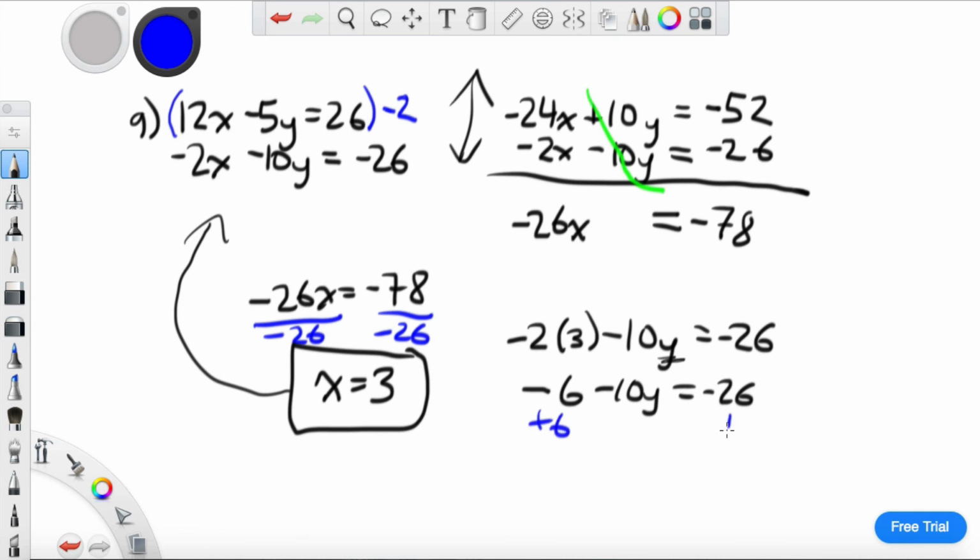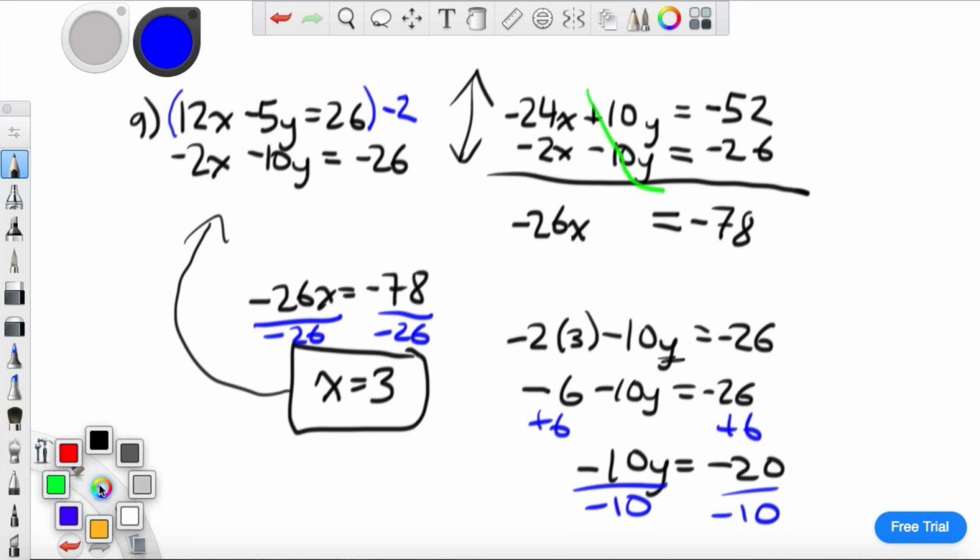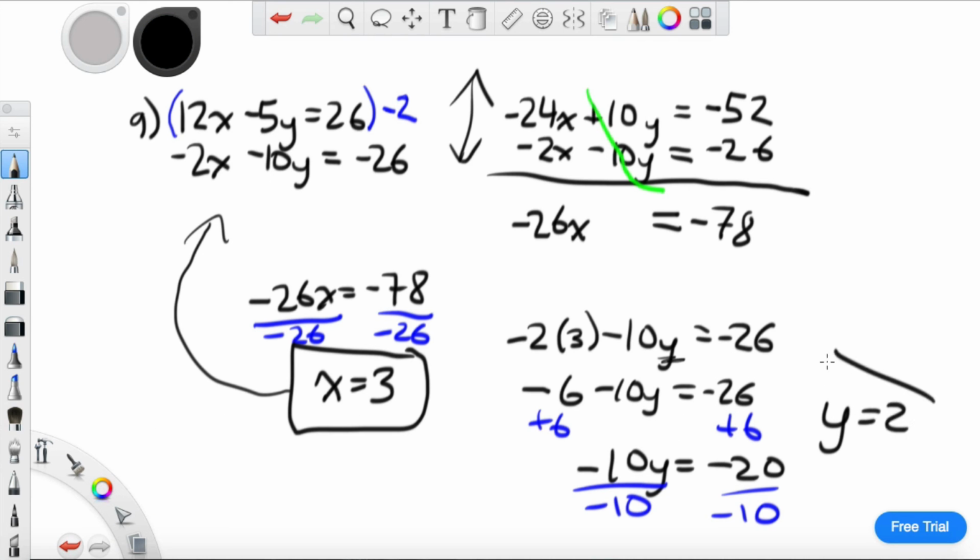Add 6 to both sides, and I end up with negative 10y equals negative 20. Divide by negative 10 on both sides, and I get y equals 2. Okay, so my answer is going to be 3, 2, and I'm done.